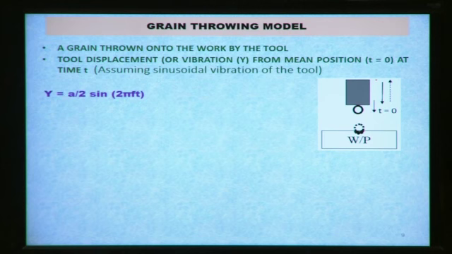Consider the tool displacement or vibration from the mean position at t equal to 0 to time t, assuming sinusoidal vibration of the tool.